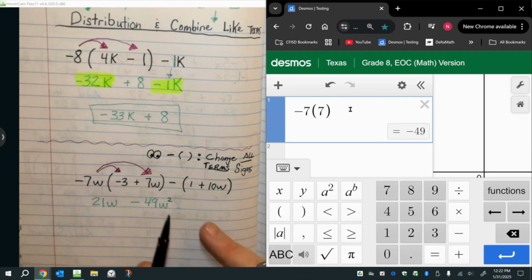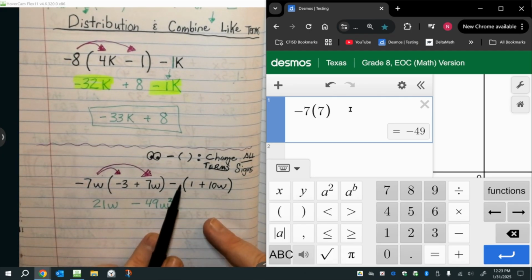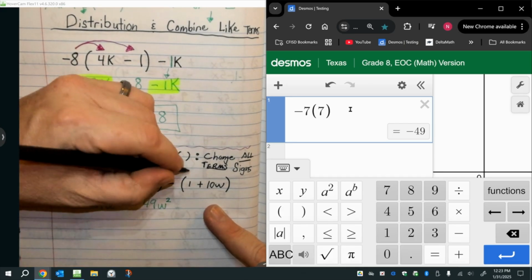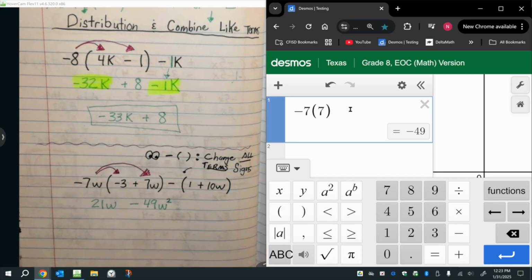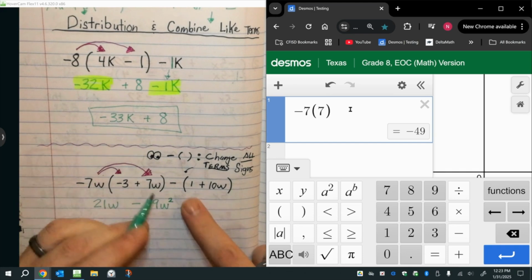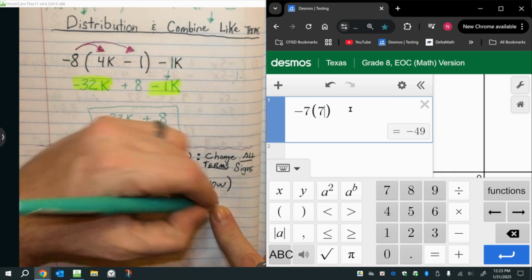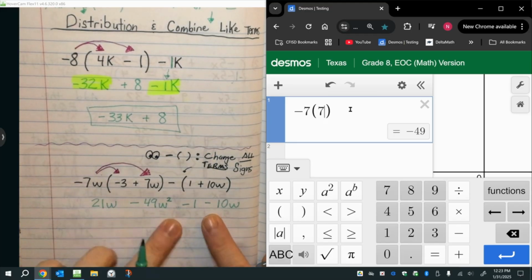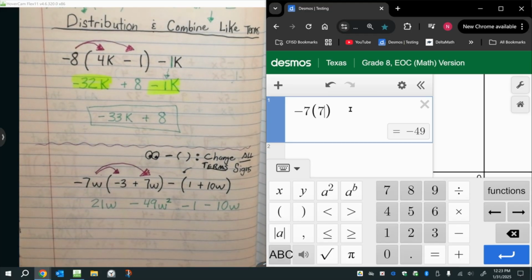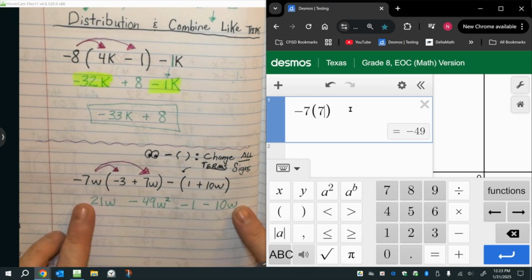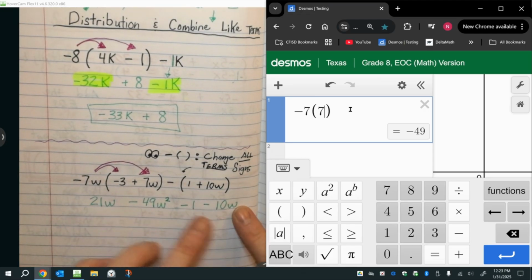So I'm just going to bring this down. You could think of making this a negative 1 and distributing it. But if I just change all the signs because of this negative sign right here, so if I do that, then I have negative 1, because opposite, this 10 becomes negative 10. So now I have this expression. And again, I don't have the parentheses anymore, so now I look to see what are like terms.